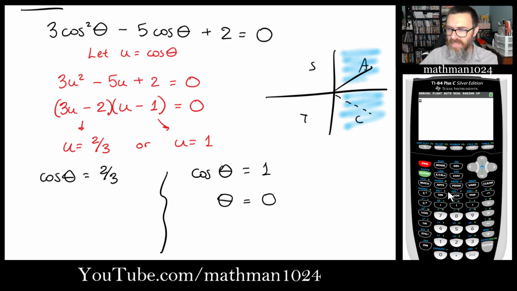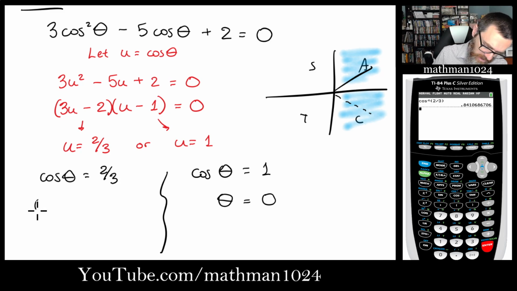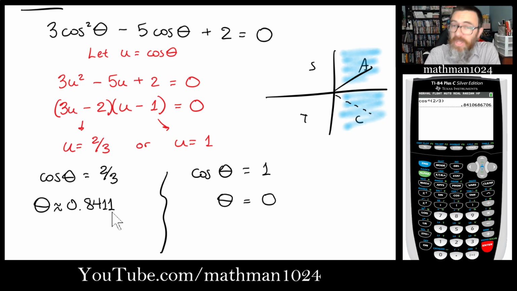If I do second inverse of cosine 2/3. Okay. Again, I'm in the right mode. It says radians. This gives me that theta is approximately 0.8411. All right. That's one solution, but there is also another one.